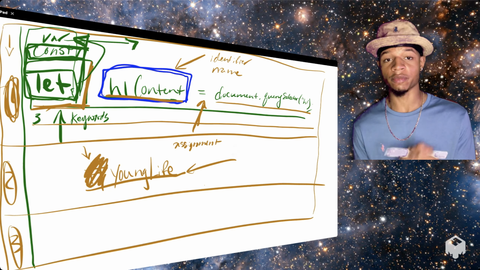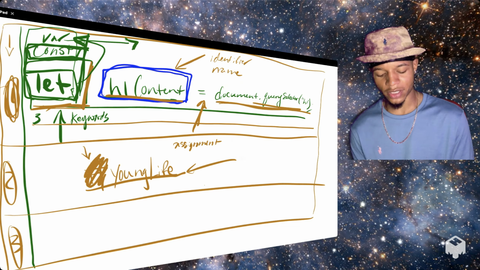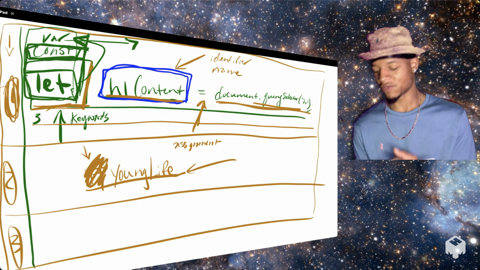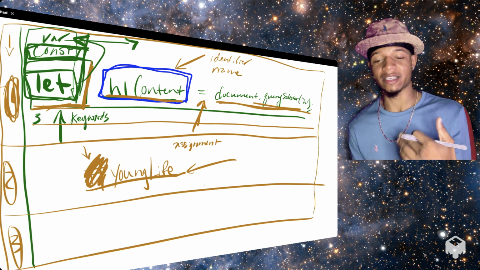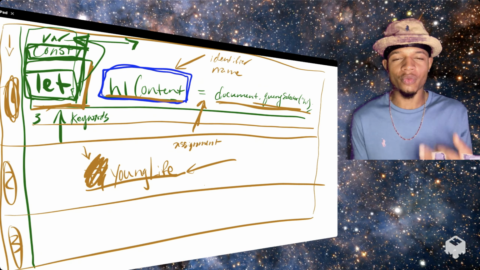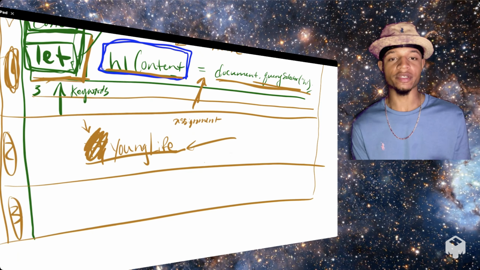We tell the document that's the first command. Now we tell the computer to do that. What does that do on the back end in the computer? In the background, what is happening when I say let h1Content equals document.querySelector?